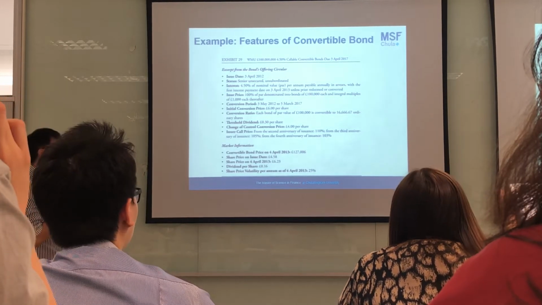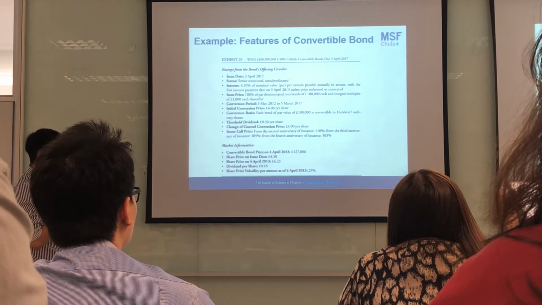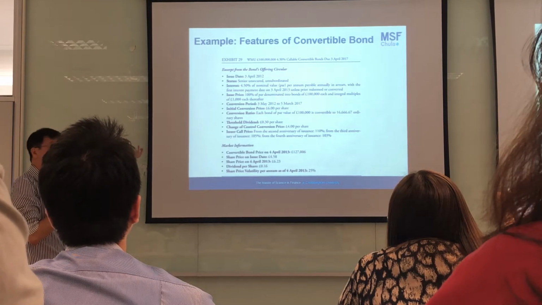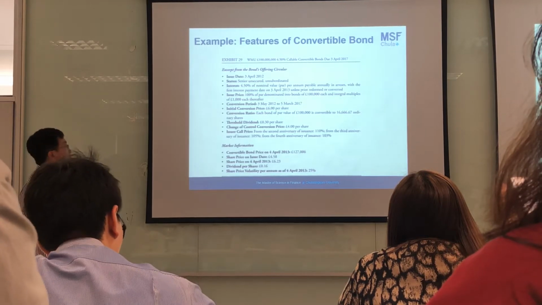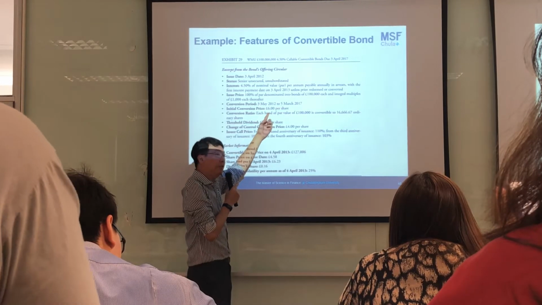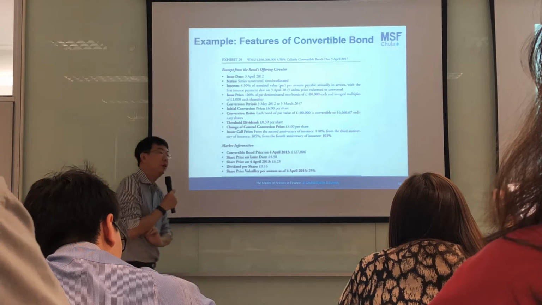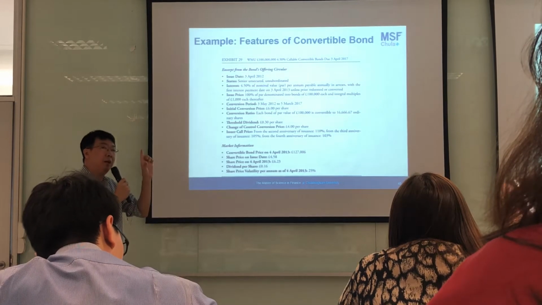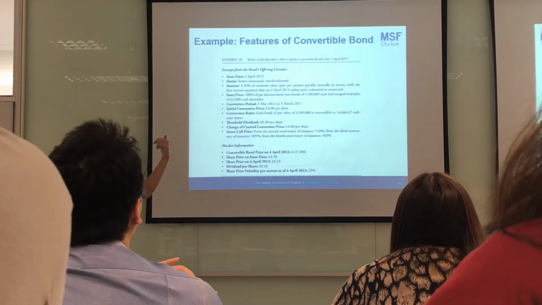Okay, stock split. One share becomes 2 shares. Then there would be a conversion price adjustment from 6 to 3, for example. The conversion ratio: because we know the conversion price, we can calculate the conversion ratio. Because the par value is 100,000 pounds, it's simply 100,000 divided by 6, the conversion price.